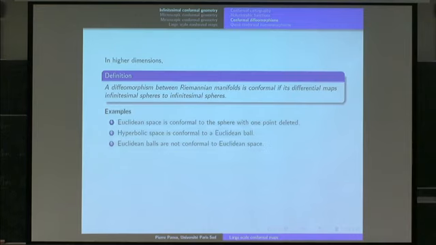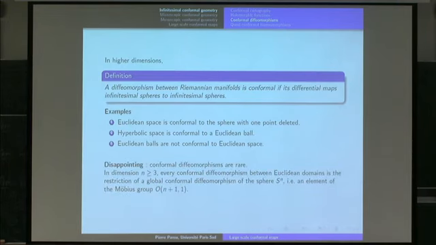Then we see interesting conformal mappings: the stereographic projection that maps the Euclidean space to the sphere minus a point, or hyperbolic space being conformal to a ball, but also balls are not conformal to Euclidean space, the complete one.